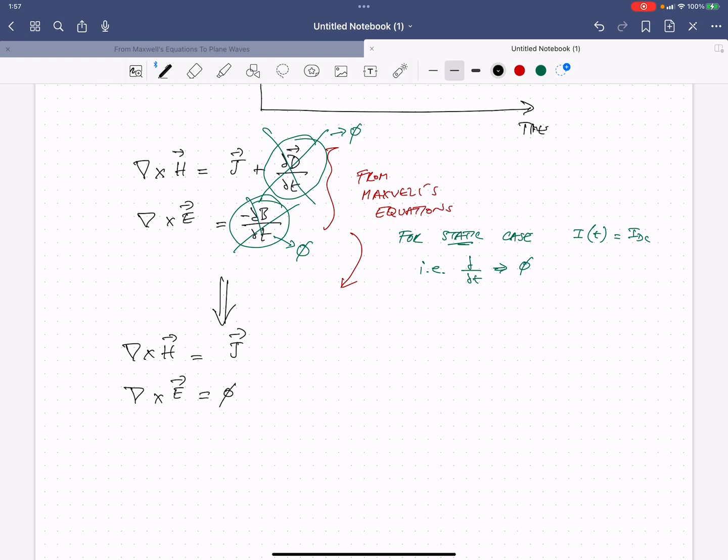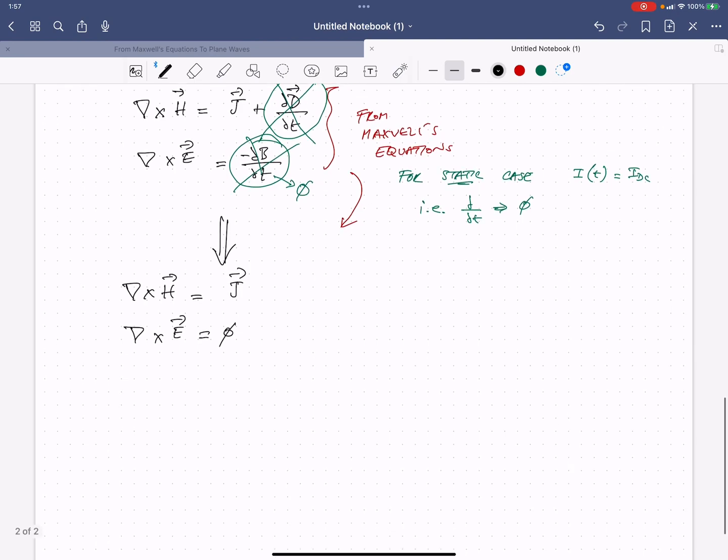Okay, that's what we have. As an aside, if you have del cross E equal to 0, and we know that del dot D, which is also from Maxwell's equations, is equal to the charge density, these are all we need to calculate the E field.